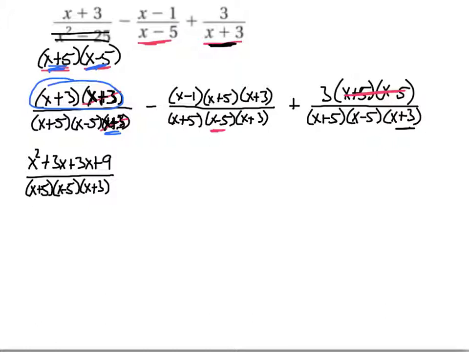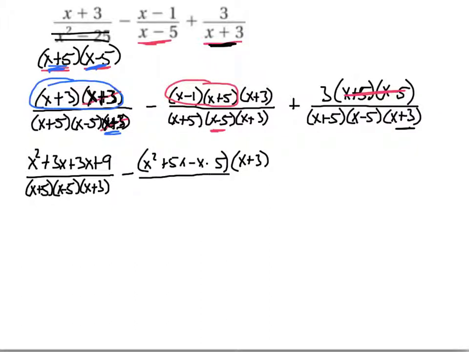In the second fraction, I'm going to go ahead and just FOIL these two first. Okay, so just foiling those two binomials, I'm going to get x squared plus 5x minus x minus 5. And remember, that is then still going to be multiplied by x plus 3.